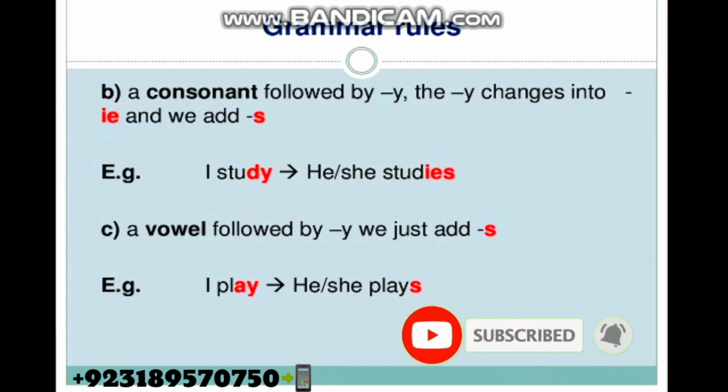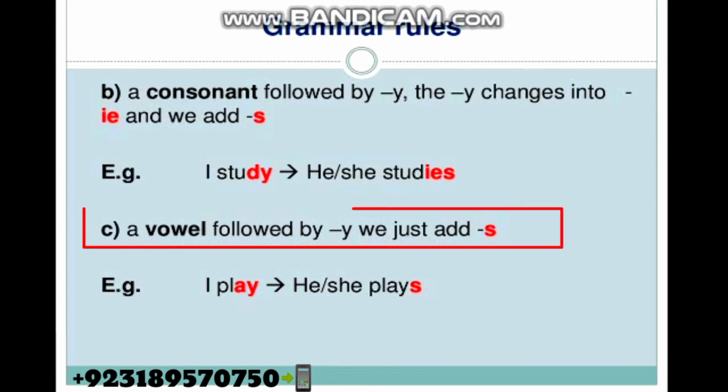Consonant followed by y: the y changes into i, e, and we add s. For example, I study, study ends with y. When you use he or she, you will say he studies, she studies. A vowel followed by y, we just add s.